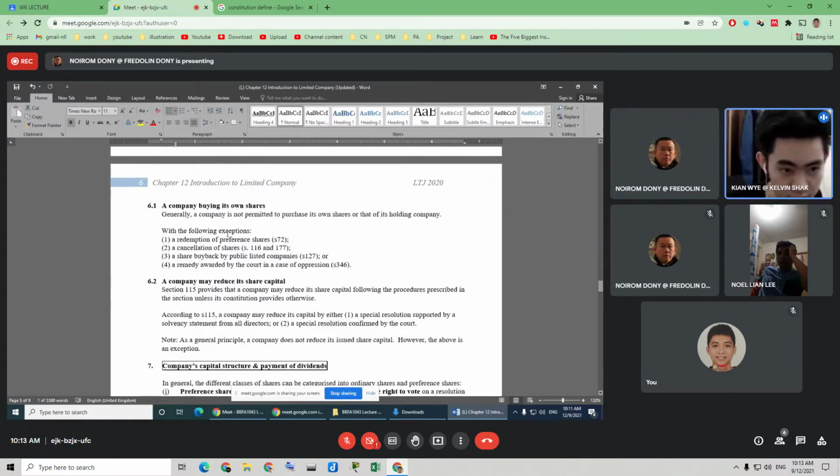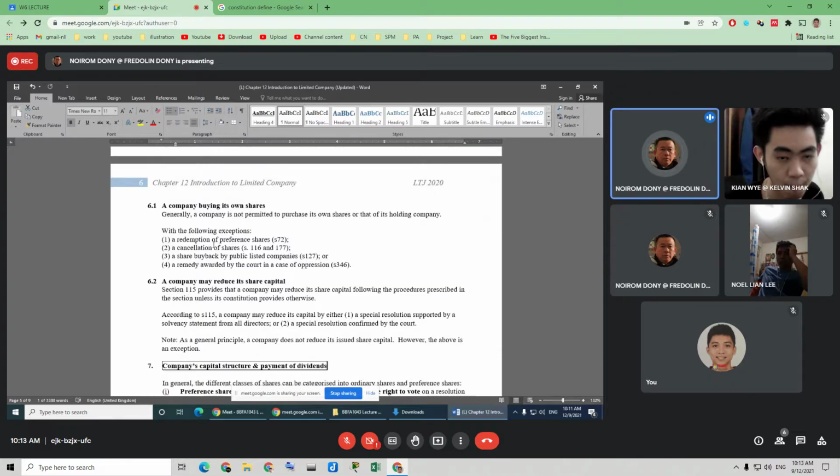The redemption is what again? Can you explain? Redemption means the company buys back the share from the existing preference shareholders. Is it they sell already and then they get it back? Yeah, they already sold to the preference shareholder, and then at a certain time, after probably they are now recouping profit, they want to avoid paying fixed dividend on preference share, so they buy the share from these preference shareholders.